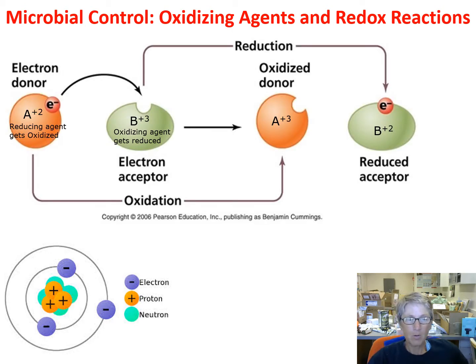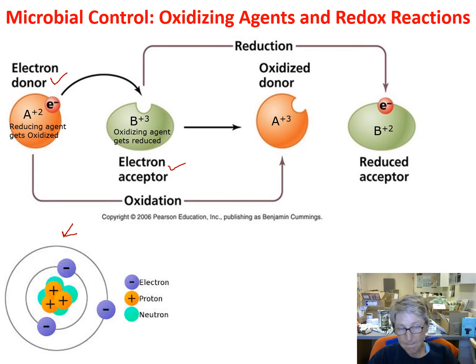So here's our cartoon. We have an electron donor, so that's someone who's going to donate the electron, and an electron acceptor. Someone will take the electron. So just as a quick review, let's look down here on the left-hand side.